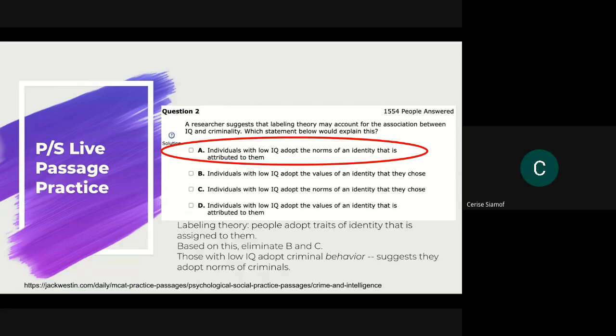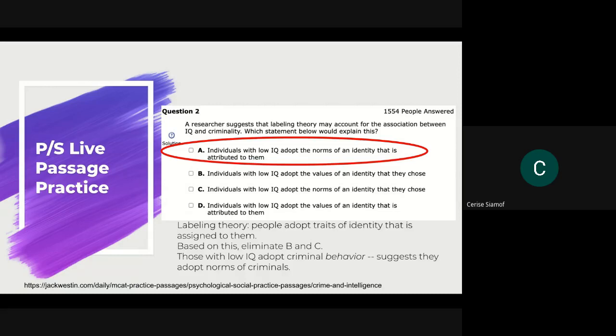So with that in mind, you could immediately eliminate B and C because B and C specify the values of an identity that people choose for themselves. So I would eliminate B and C. And then the question is whether individuals with low IQ would be adopting the norms of an identity or the values of an identity. So in this case, those with a low IQ would be adopting criminal behavior.